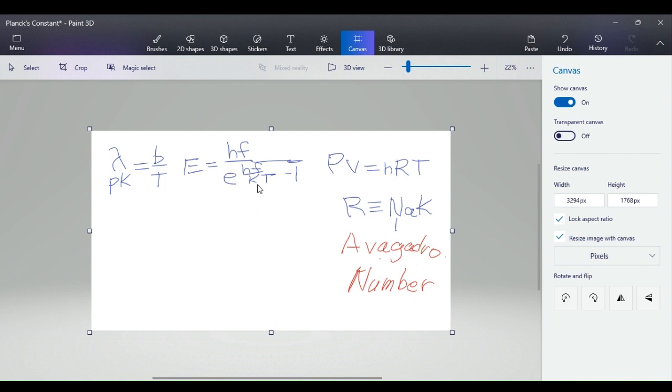The best way I can describe it is the frequency is going to be a linear relationship, whereas this is going to be an exponential relationship. And as that exponential relationship starts growing really big, what that's going to do is drag the energy down, and it'll give us that peak that we saw in the last part of this video.